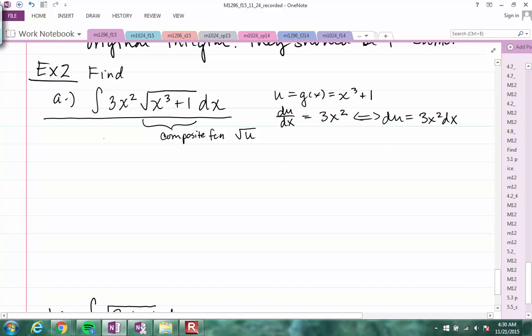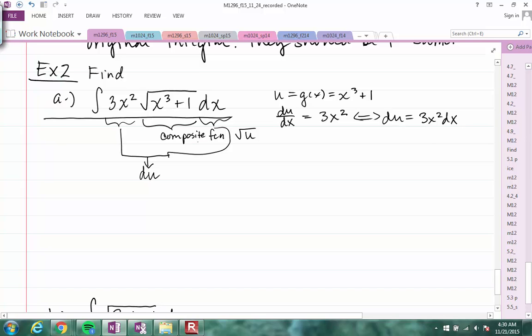Well, this is another kind of easy one here, where that's exactly what we have. du is 3x squared times dx.